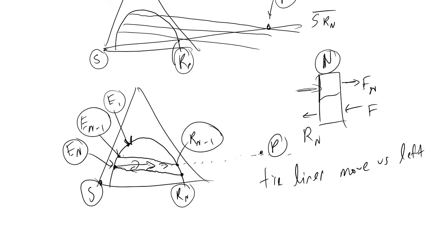And then we again extend E sub n minus 1 out to our pivot point to get R sub n minus 2. And from R sub n minus 2, we would assume our tie line would give us some value right here, which would have a value E sub n minus 2.